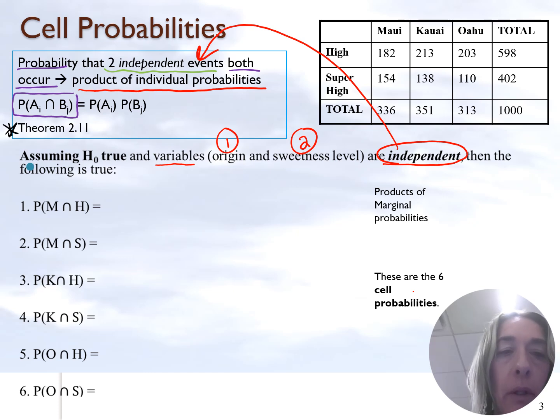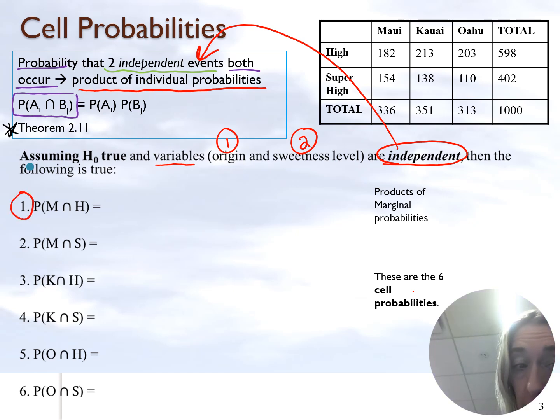So assuming, as we will, that these two variables in our contingency table are independent, then if we want to find the probability that two events occur, we proceed as follows.